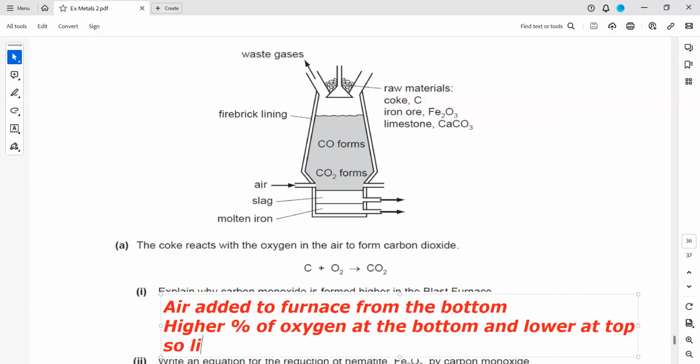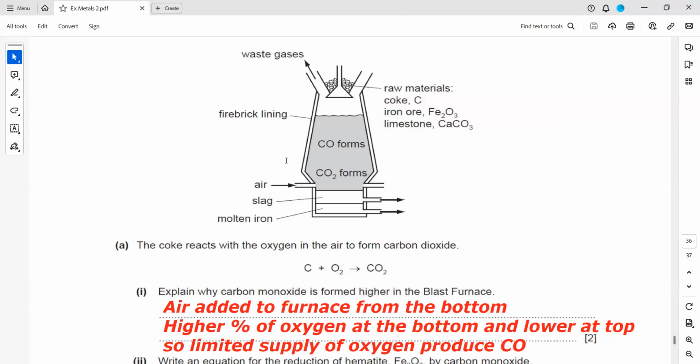So the limited supply of oxygen produces carbon monoxide, CO. So that's how the formation of carbon monoxide occurs.